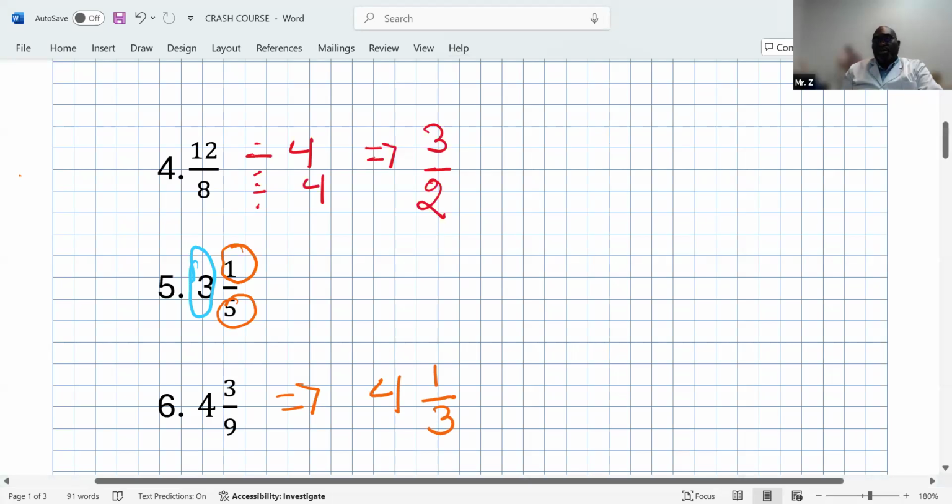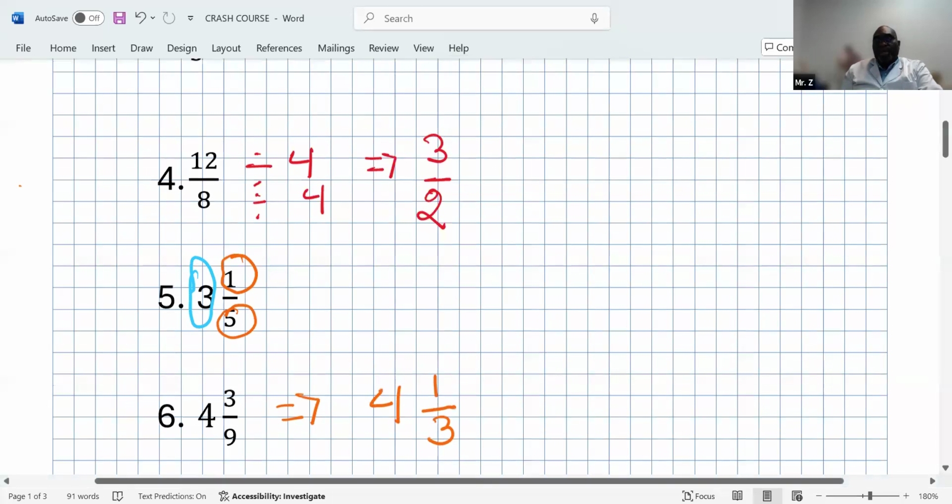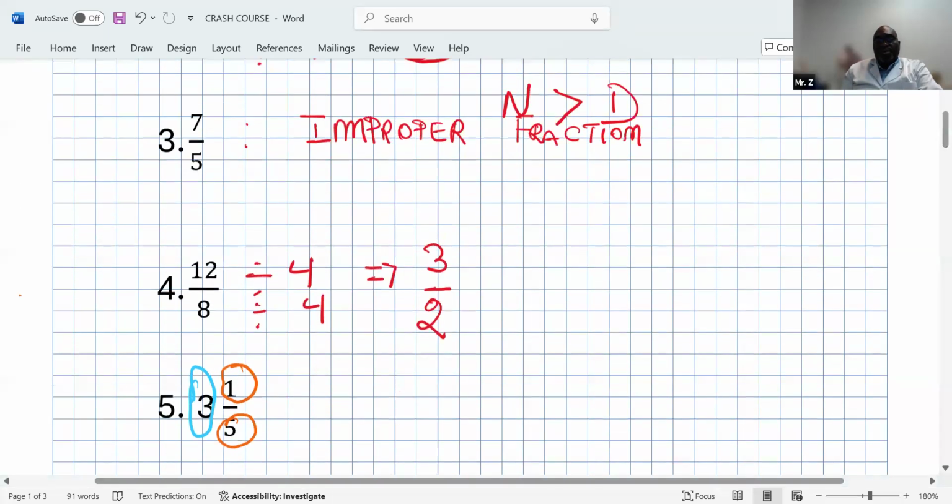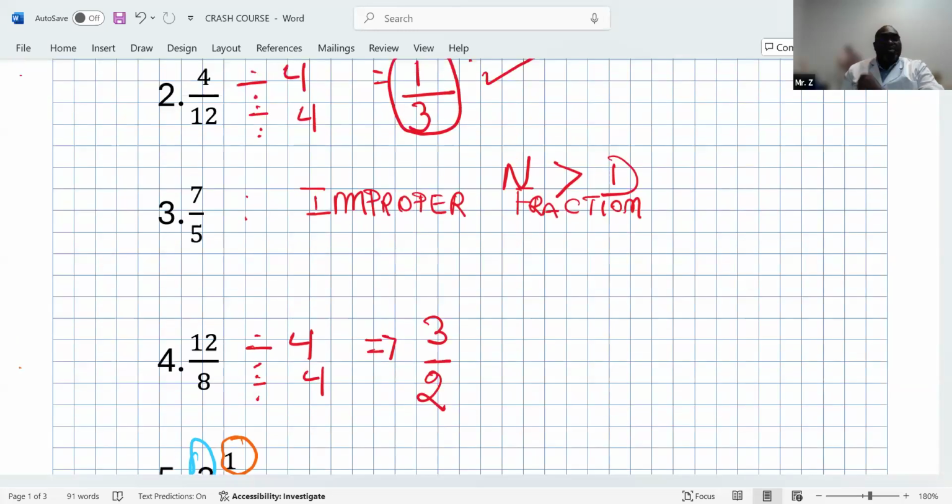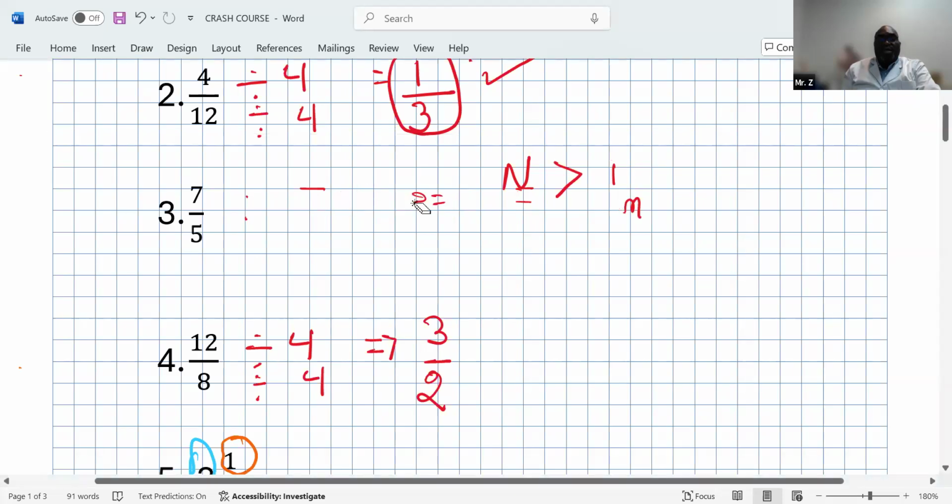So let's stop right here so we can go back to number 3. An improper fraction, you can convert that to what we call a mixed number. So I'm going to show you how you can convert an improper fraction to a mixed number.